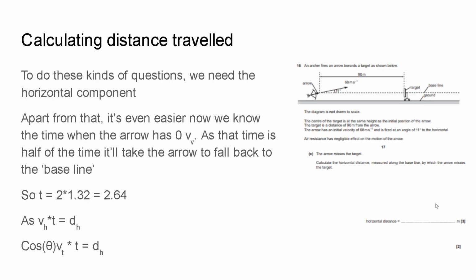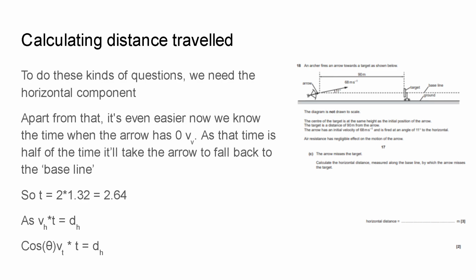For a different kind of projectile motion question, calculating the total distance travelled, we would need the horizontal component. Apart from finding the horizontal component, it's even easier to do these kinds of questions, since we now know the time when the arrow has 0 vertical velocity.